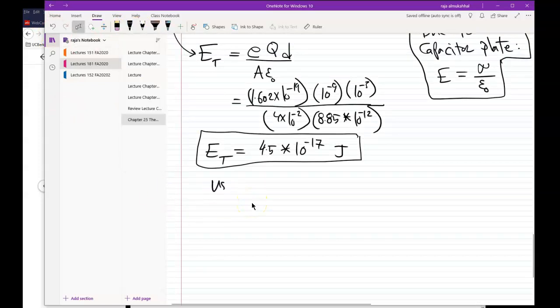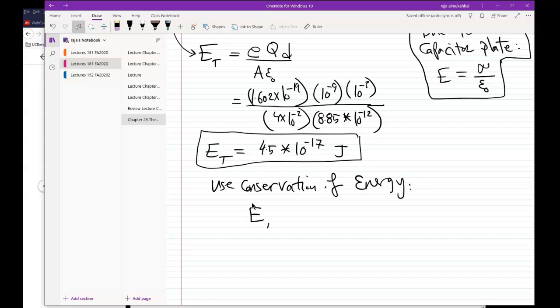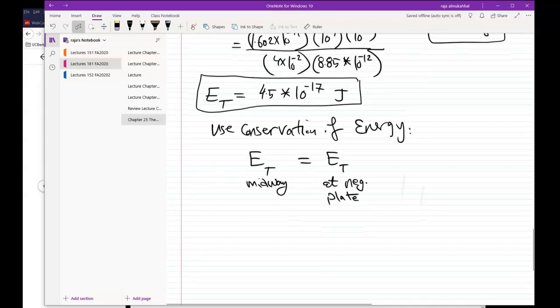Use conservation of energy. So we have E total midway equals E total at the negative plate. Okay, so what's going on at the negative plate?